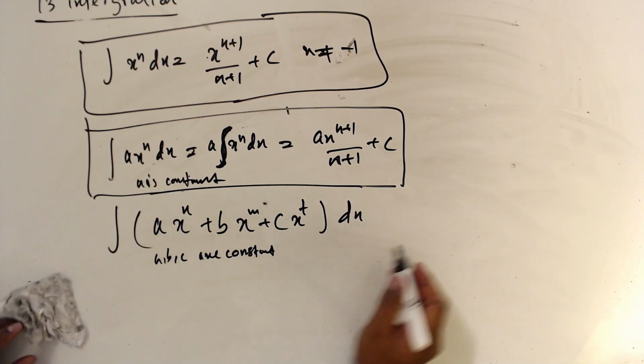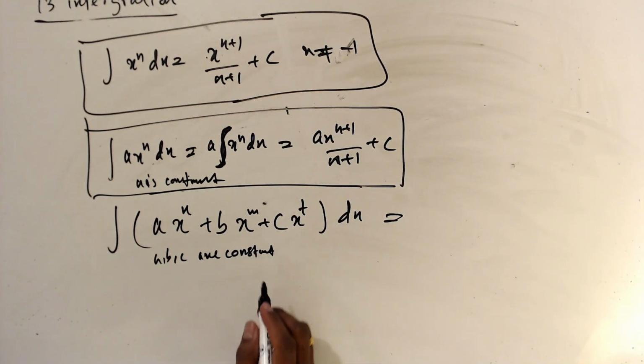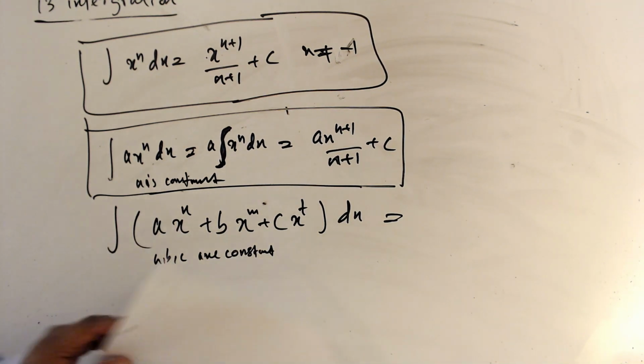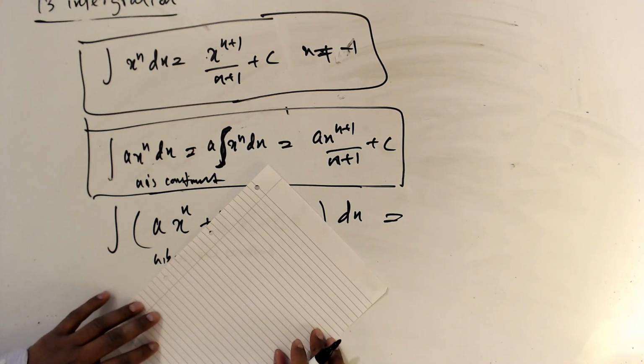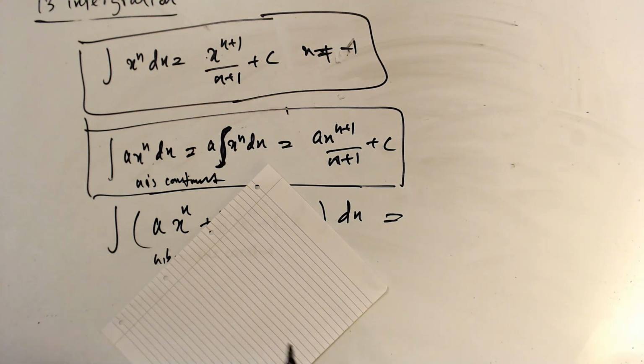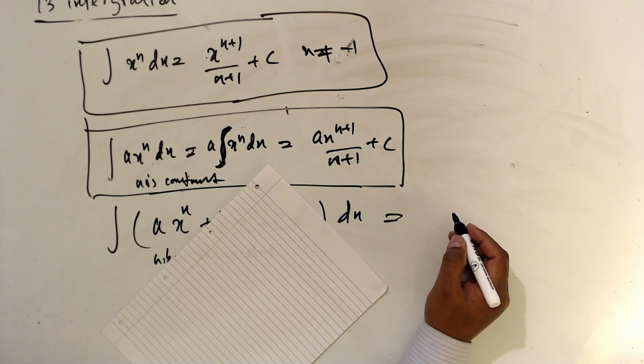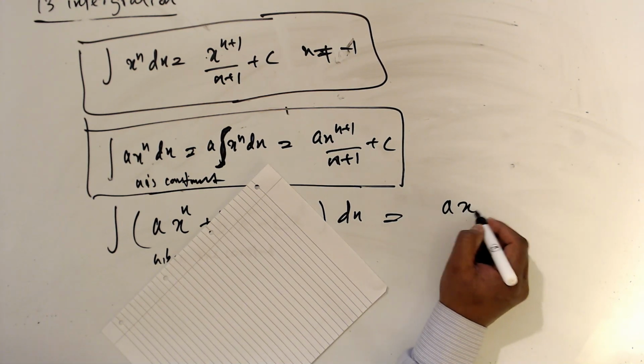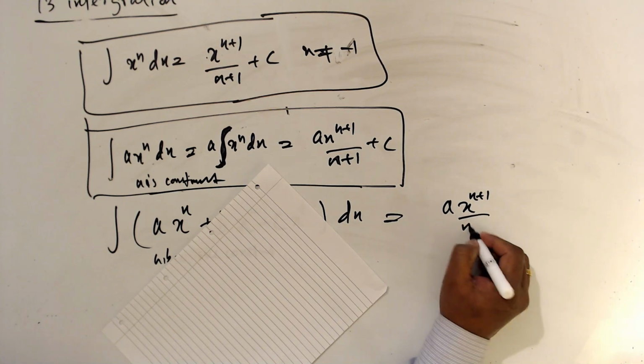So what is the answer of this one? For ax^n, integration is: a we leave it, and then x^(n+1) over n+1.